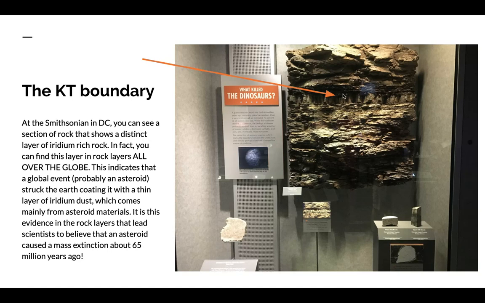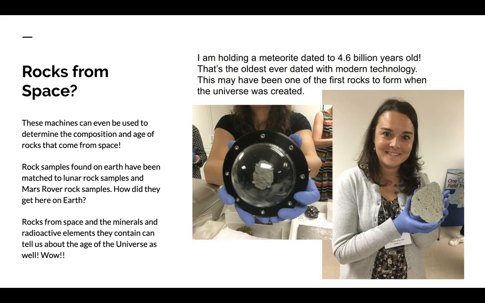It's very widespread across the globe. So at about a rock layer where we would approximate 65 million years ago, we see this irregularity in the layer of iridium. This is the actual rock layer showing the layer of iridium, believed to be evidence for the mass extinction of dinosaurs at the end of the Mesozoic. So it's pretty cool to be able to see that.